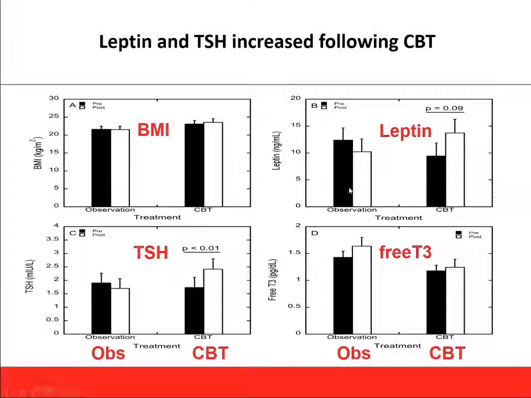And some of the other parameters that we followed, so we looked at weight. To recover from stress-induced anovulation, if you were normal weight, didn't mean you needed to gain weight, and there was no change in weight. Leptin levels, however, despite no change in weight, went up in the recovered group. And this is not the recovered group of the intention to treat group of CBT, but I would think this is driven primarily by those who did recover.